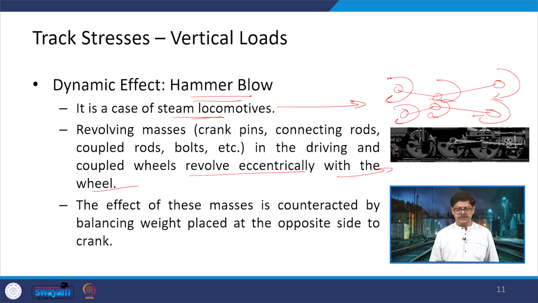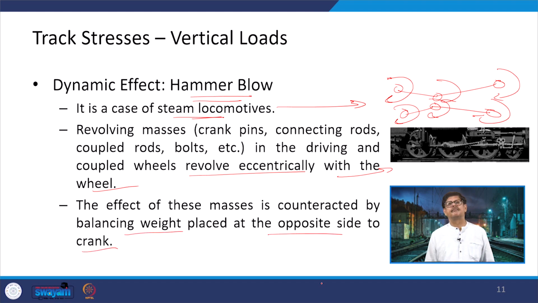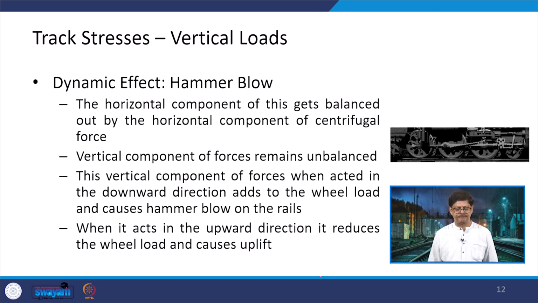That change in location is causing this sort of eccentricity. The effect of these masses is counteracted by balancing weights placed on the opposite side of the crank, because they create bending moments and maybe torque conditions also.